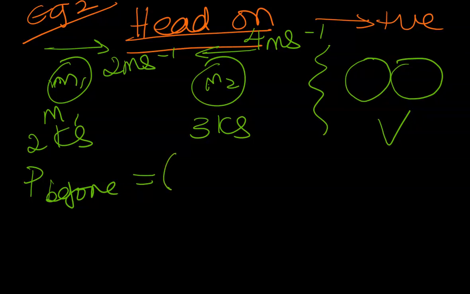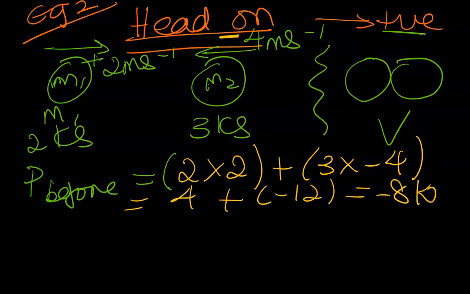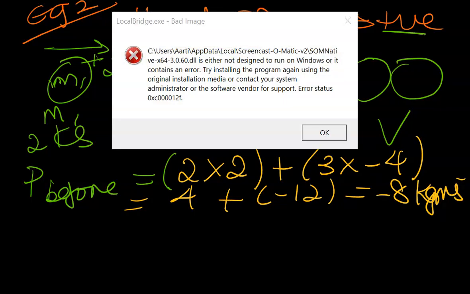So because this is going in my direction as positive, I put plus 2. Because now this 4 is moving opposite, I put negative 4. So 2 by 2 plus 3 by minus 4. So I get 4 plus minus 12, which is minus 8. Now it's fine if you got a negative momentum before.